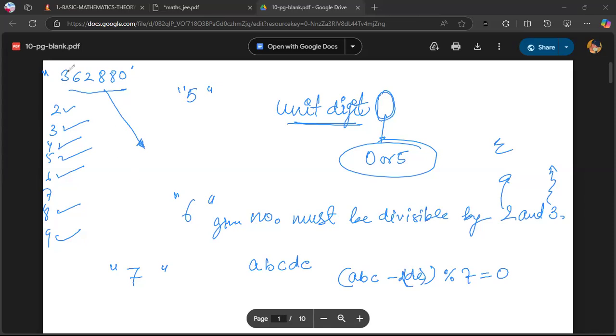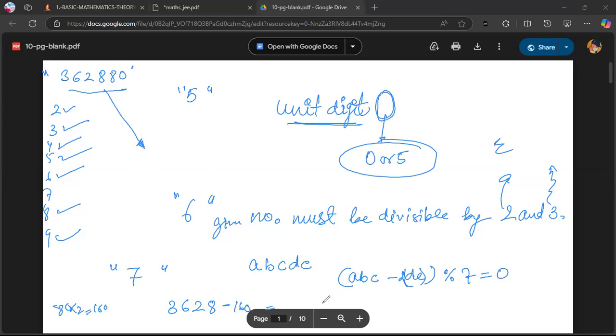In this case, 3628 minus, when we multiply the last two digits by 2, 80 into 2 is 160.